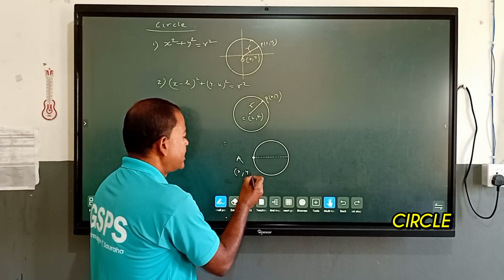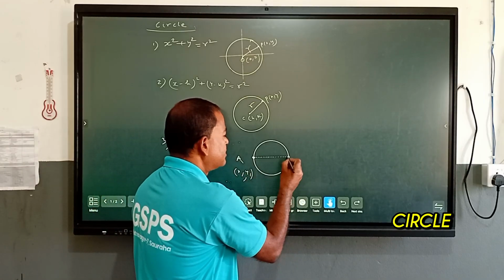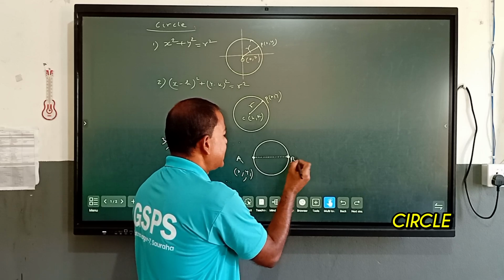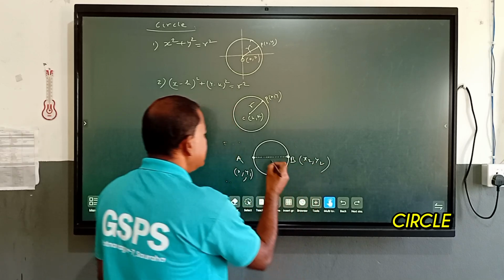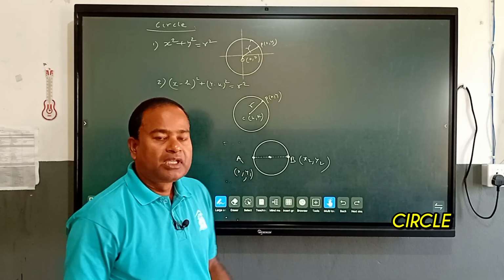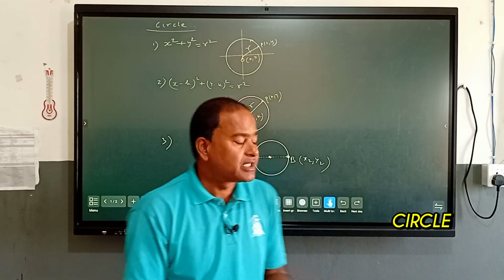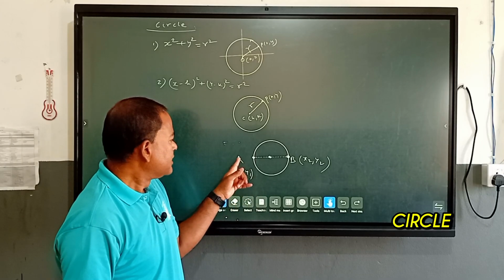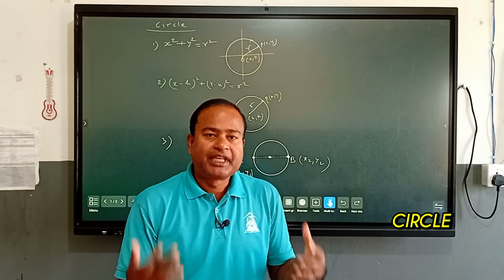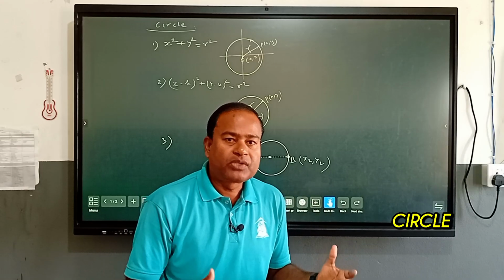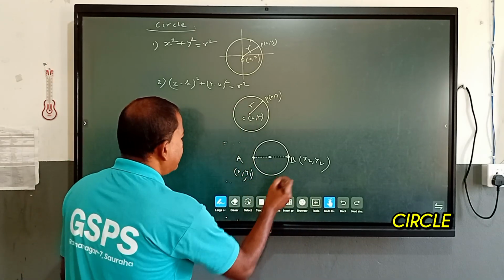x1 comma y1, and the second end point of the diameter of the circle is at the point B, x2 comma y2. If two ends of the diameter of a circle are given, that means A x1 comma y1 and B x2 comma y2, then we can find the equation of circle in the diameter form.